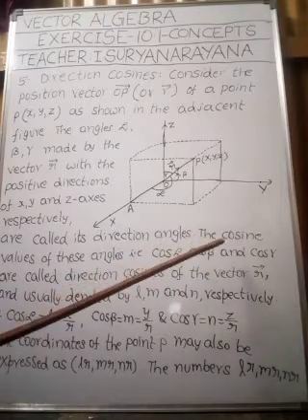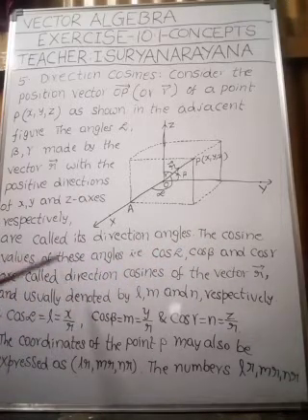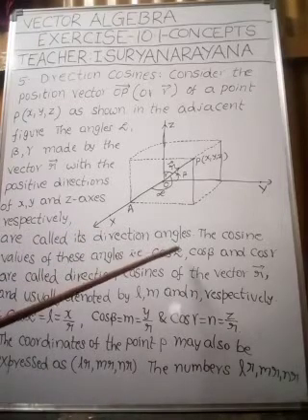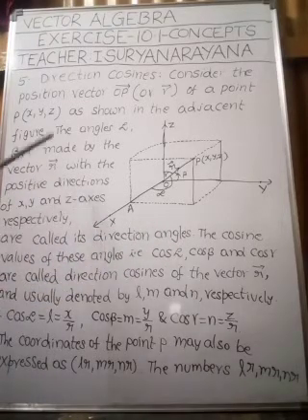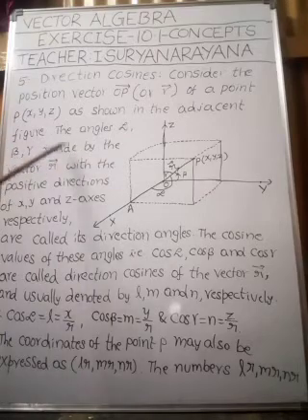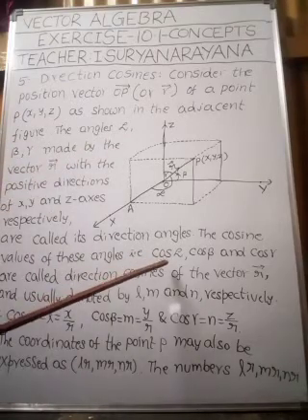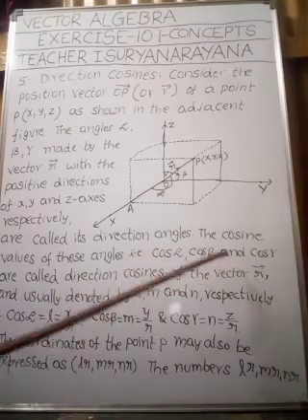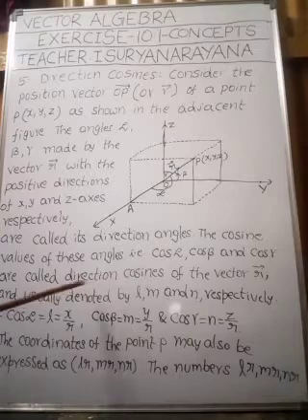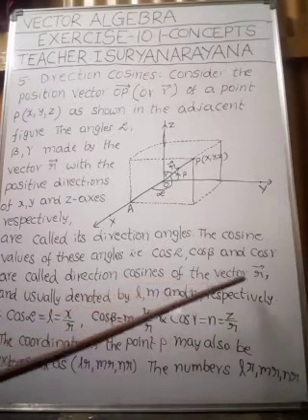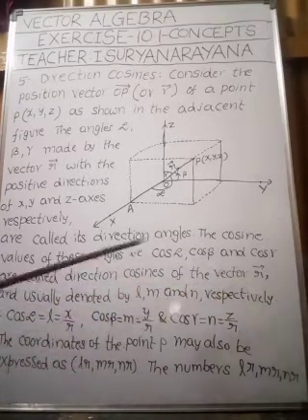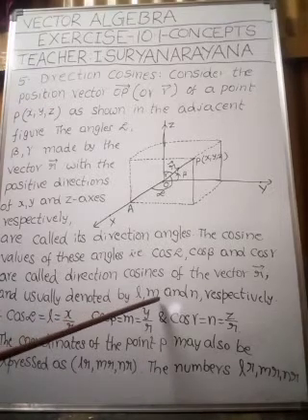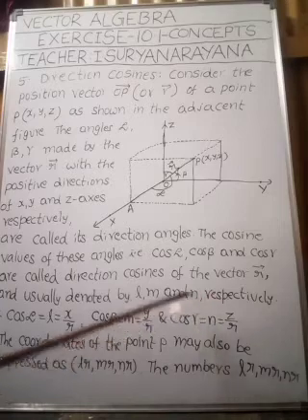What is meant by direction cosines of a vector R bar? Yes, the cosine values. In trigonometry, you have learned sine, cos, tan. So, for these three angles alpha, beta, gamma, if you take cosine, that means cos alpha, cos beta, and cos gamma, these three numbers are called direction cosines of the vector R bar, and are usually denoted by the small letters L, M, and N respectively.